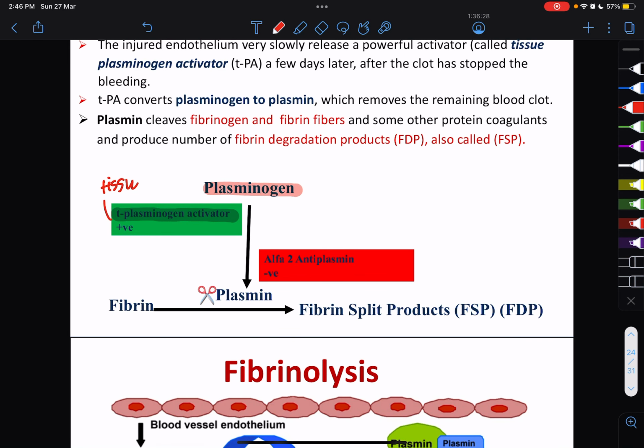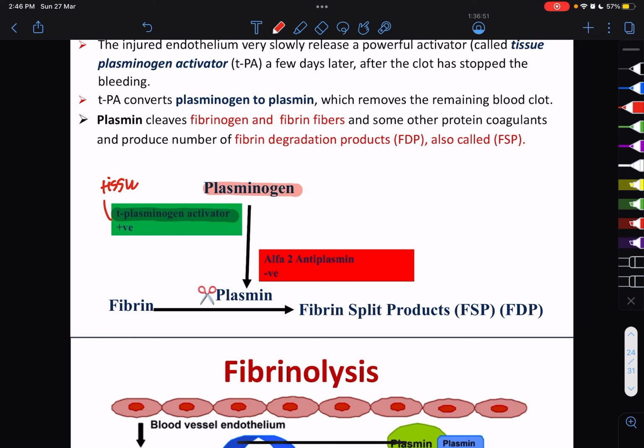Yeah, the clot is formed, and if more plasmin is formed at that point, the clot is quickly removed. So what will be the danger? Bleeding. Again bleeding will start. That's the problem. So it means you also have to control plasmin, isn't it? For everything we have, alhamdulillah, a control.